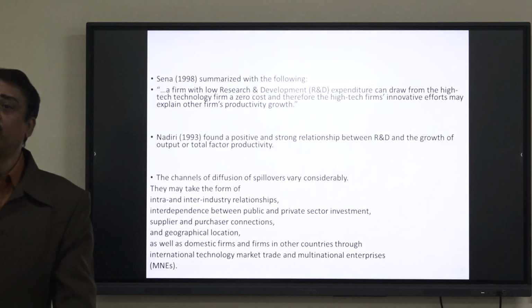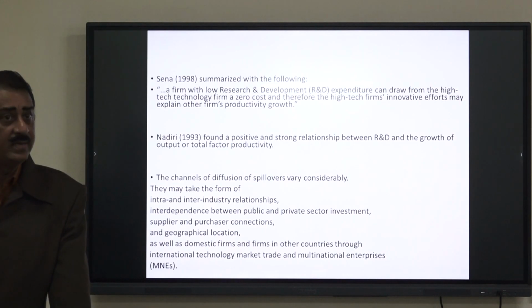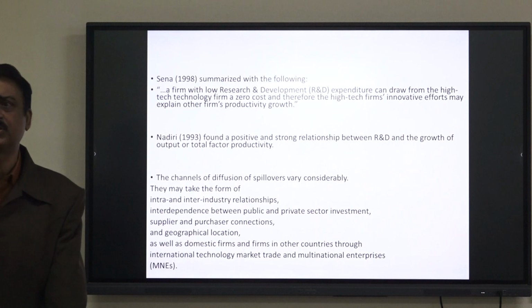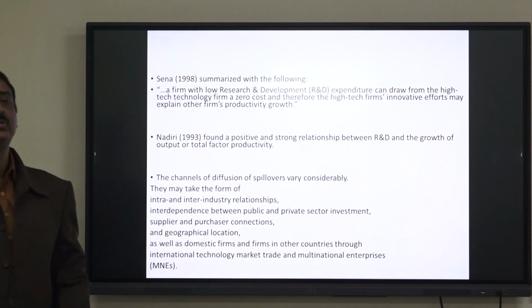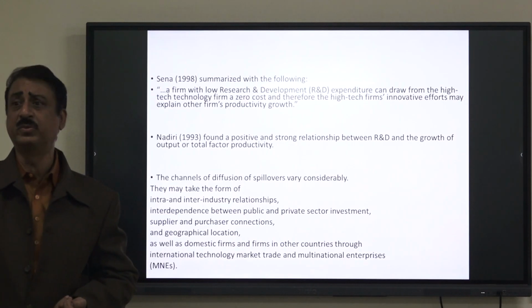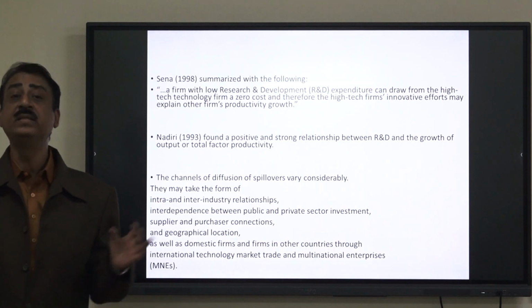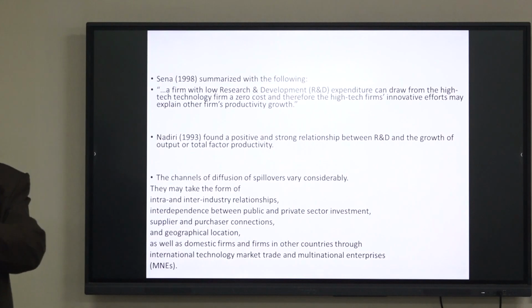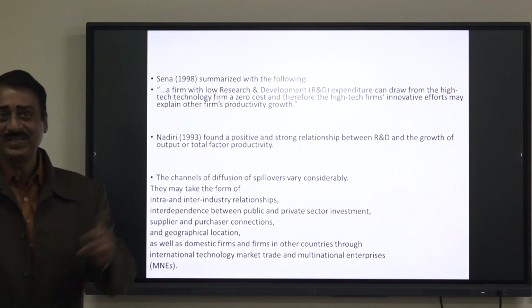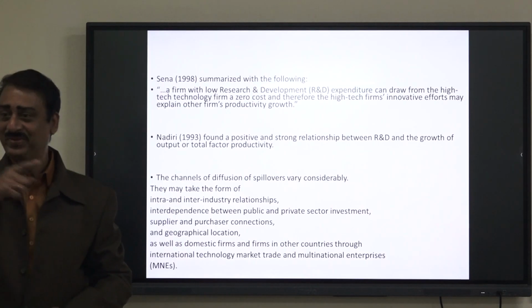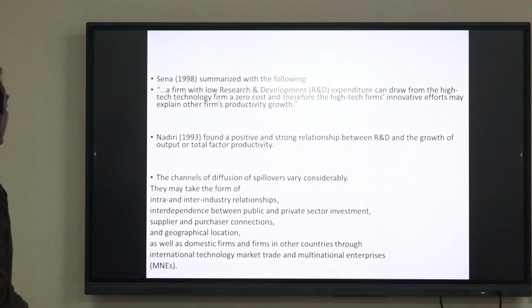Take the example of automobiles. The automobile industry, whether domestic or foreign, is where the maximum technological advancement has taken place in the last 10-15 years. And you will see that whichever industry, however small, is associated with the automobile industry, horizontally or vertically, is upgrading its technology. Otherwise, the inputs or materials they manufacture will not comply with the automobile industry's requirements. So obviously they have to upgrade their technology.